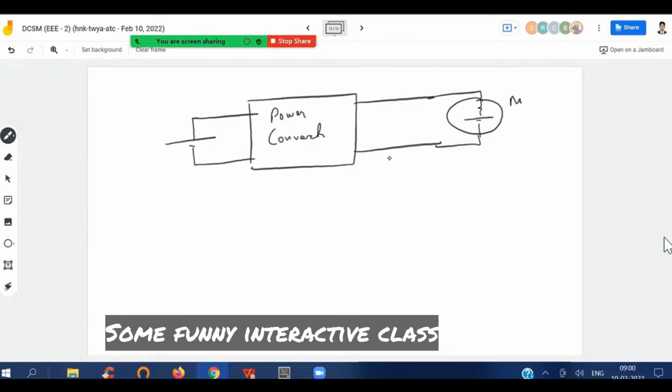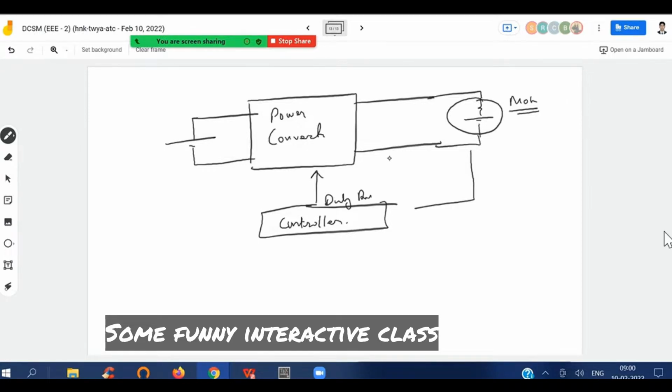So this is the motor, this is the donkey, this is the person. यहाँ पर तुम ड्यूटी रेशियो देते हो और उसका दिमाग यहाँ पर होता है कंट्रोलर पे. यहाँ पर फीडबैक लेता है वो Ia का. This is the feedback. यहाँ पर आपका एक करंट सेंसर है, ठीक है. The current sensor is there that gets a feedback to the controller. Controller decides according to that the duty ratio. It provides it to the power converter.